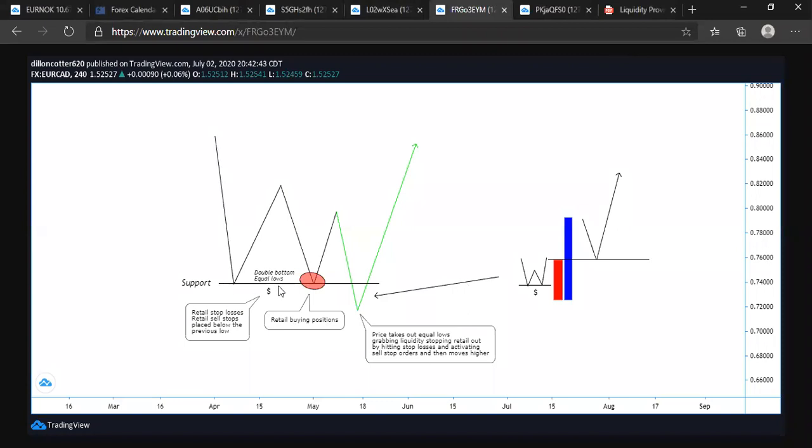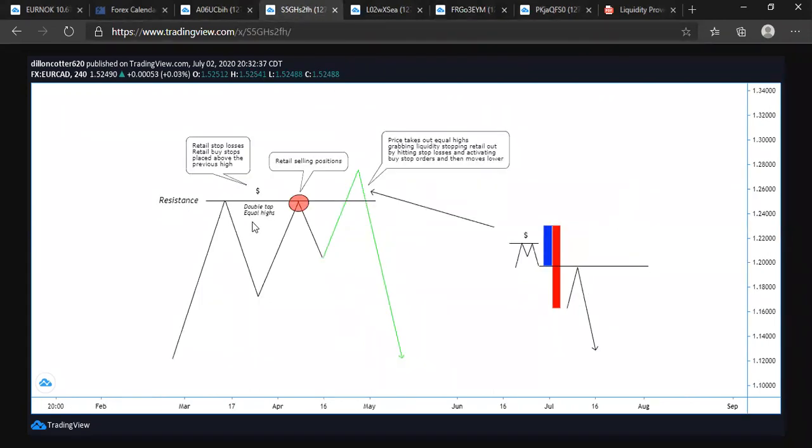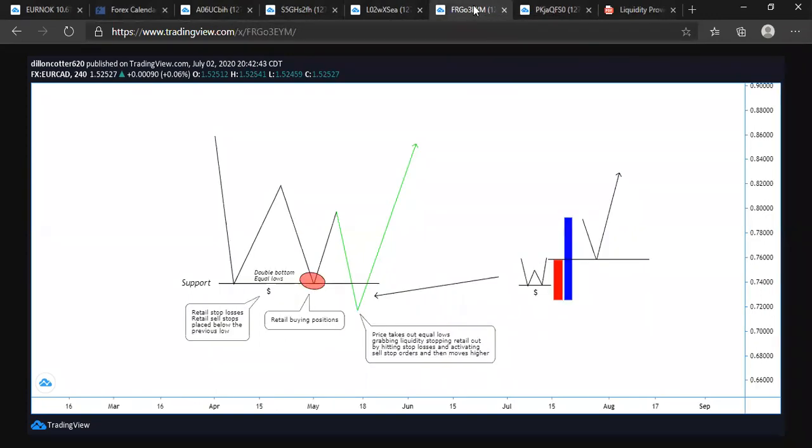Okay, so vice versa, right? Just like in this slide with the double top, you will see it vice versa for bullishness also. Once again, you've got to understand that when we see a double bottom like this, you have to understand who is buying in this area.